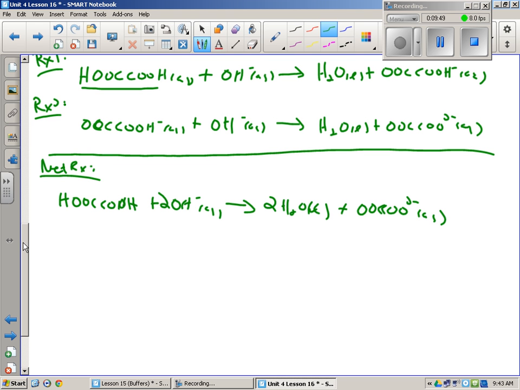Okay? Remember, this is used up, right? Anything that I make there, I use up for every 1 mole of that, figuring out the concentration stuff here.